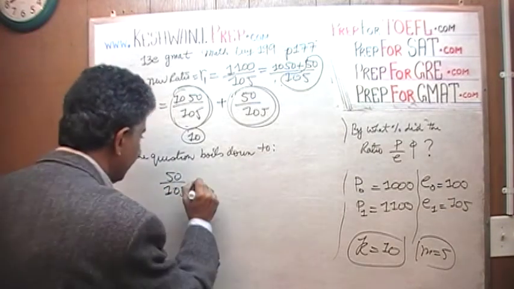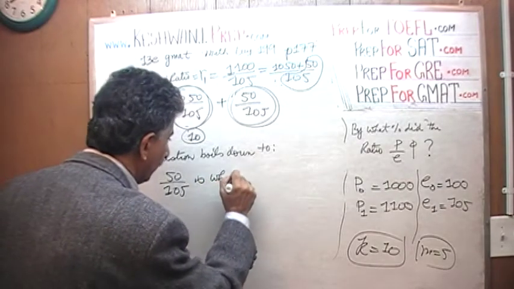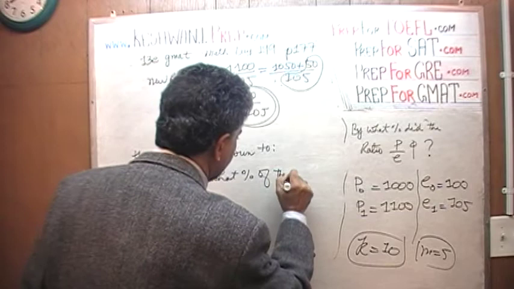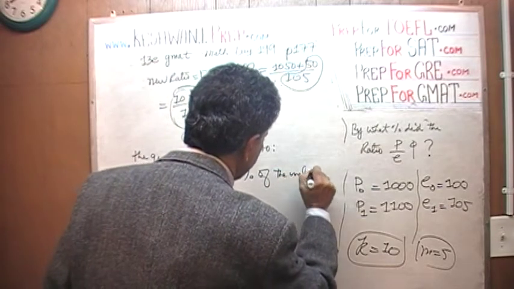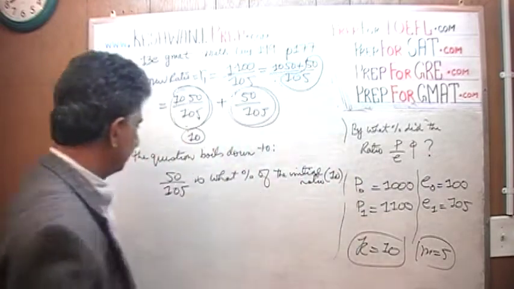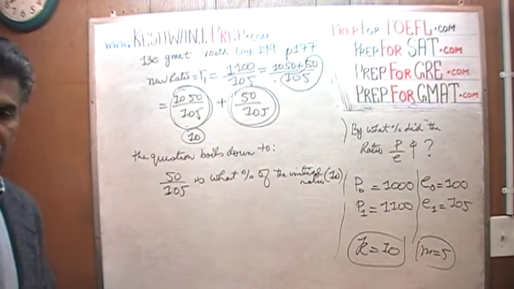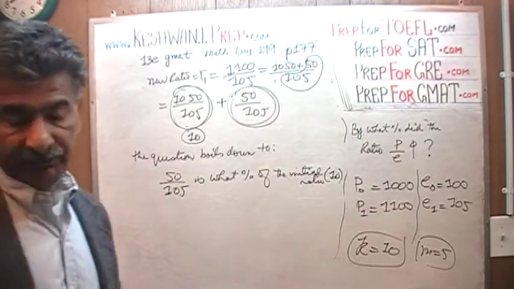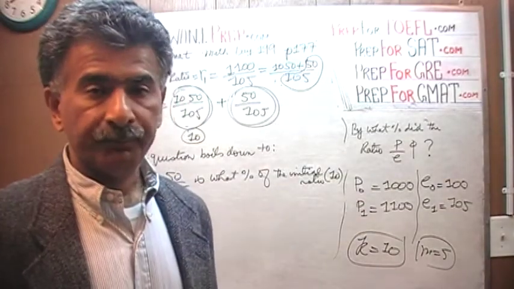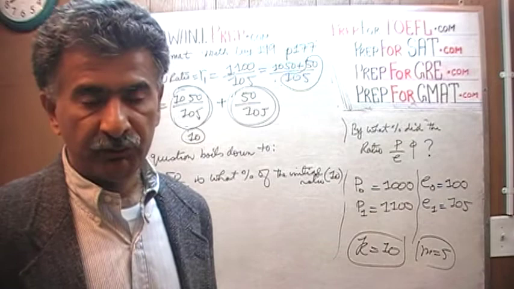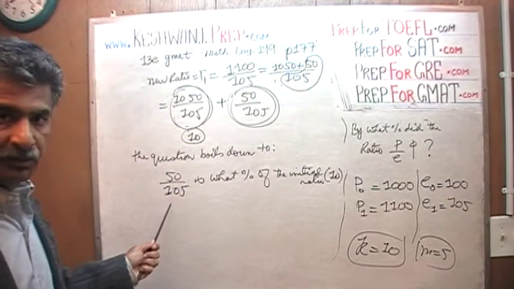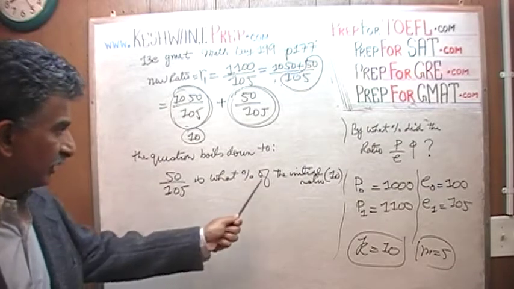This quantity is what percent of the initial ratio, which we know is 10? That's what the question is asking, because the question is asking by what percentage the ratio went up. We don't know by what percentage the ratio went up, but we do know the ratio went up by this much. We just have to figure out what that amount is as a percentage of 10.